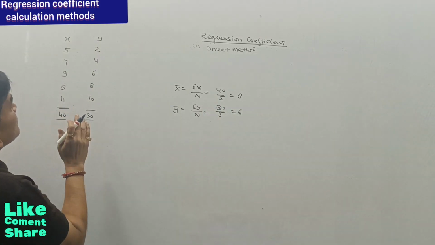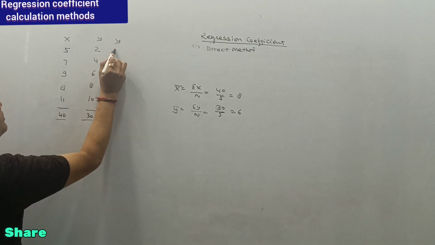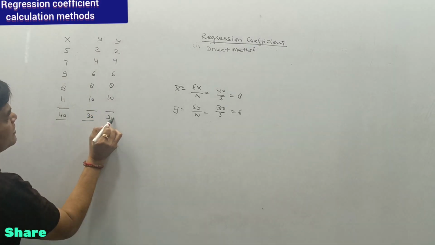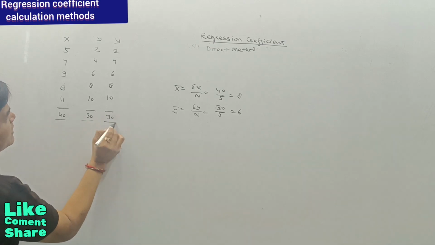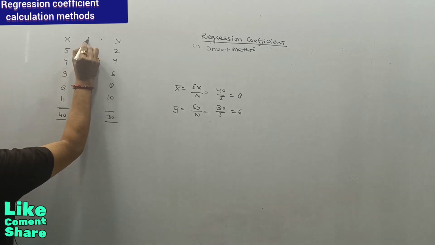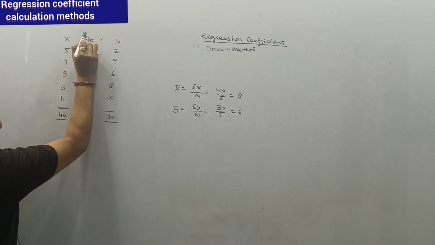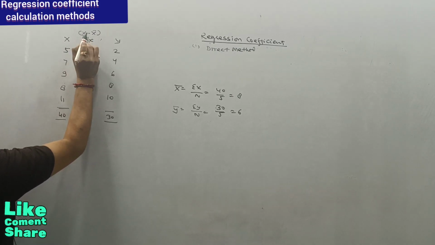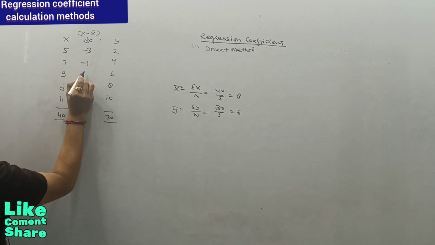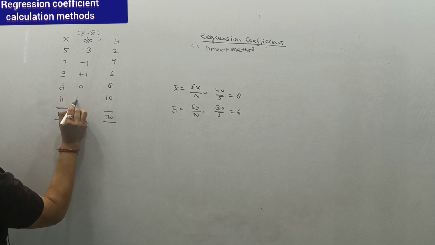Now I have shifted the y series here: 2, 4, 6, 8, 10, total 30. Now dx is equal to x minus x bar. So 5 minus 8 is minus 3, then minus 1, plus 1, 0 and plus 3.